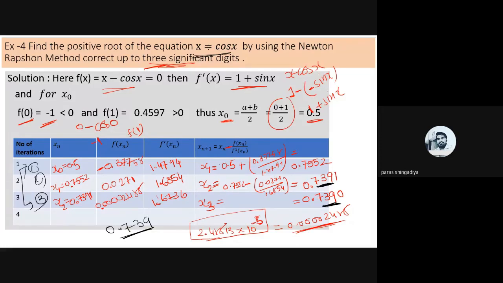If we have the same function and we have to solve for the root of the equation, I consider here x equals cos x. In the bisection method, 11 iterations are required to get your answer.